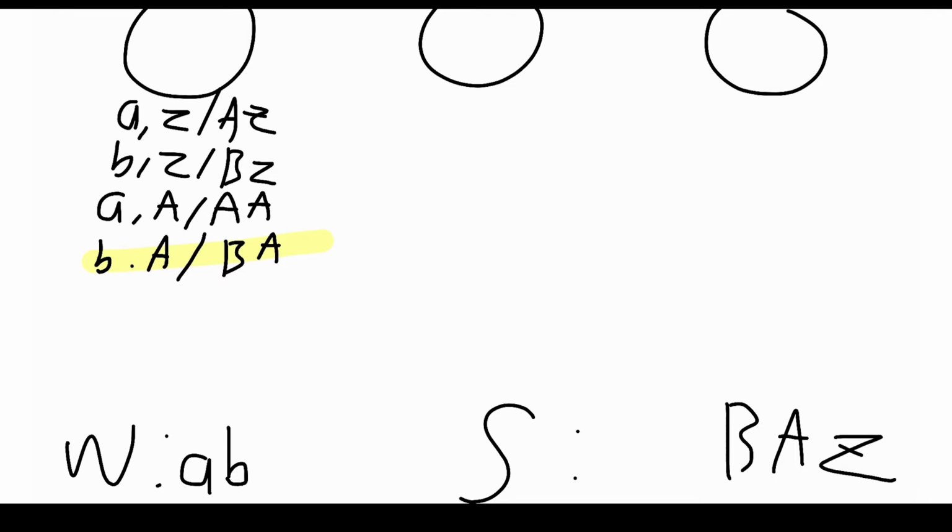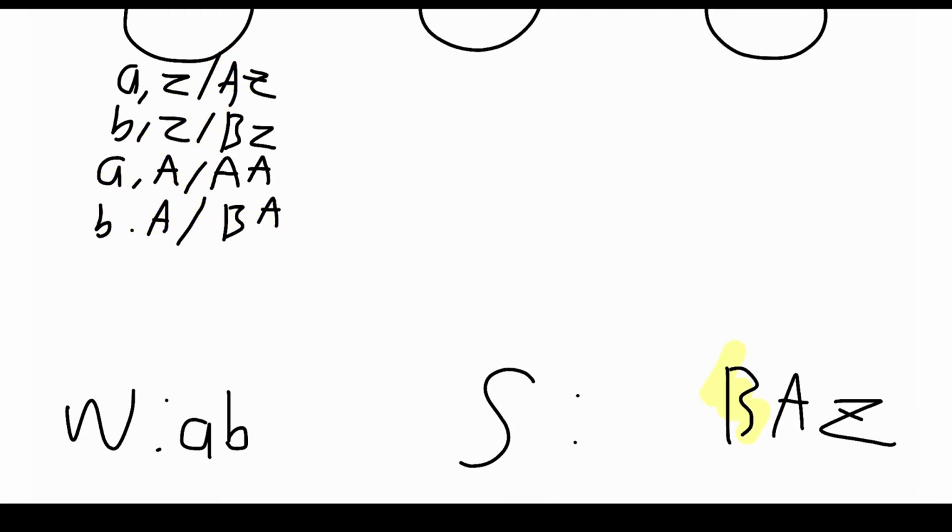But what if we want to add in an A? If we want to add in an A or a B, we can't, because the top of our stack is a B. None of these pop B off the stack. So we need to make 2 more lines. Another A, another B. Both of these pop B off of the stack, while this one adds an A, and this one adds B's.